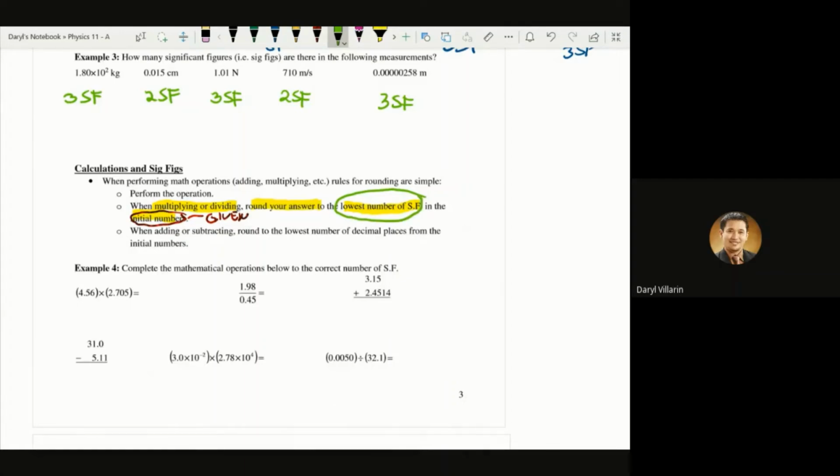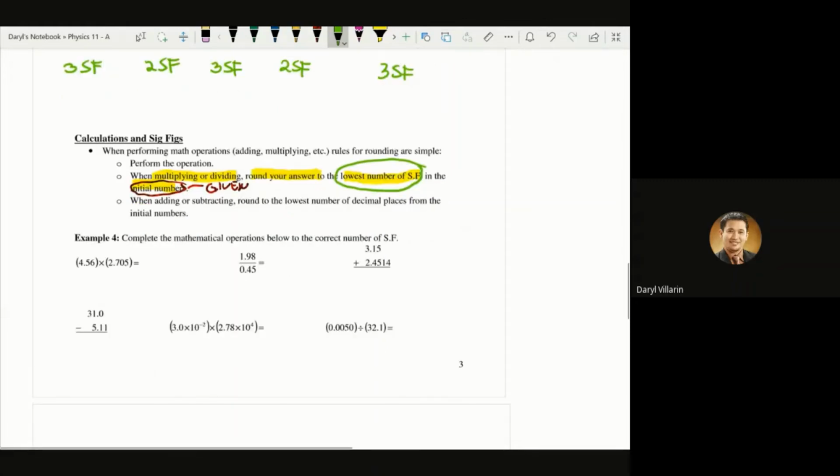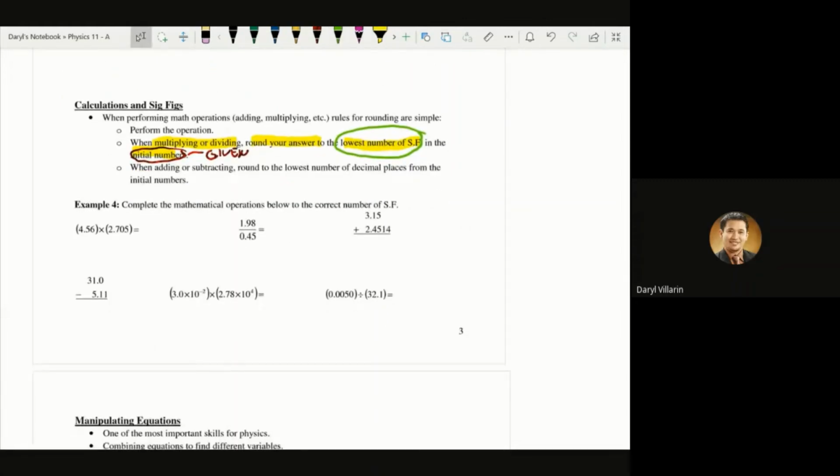But if you're adding or subtracting, well, in most cases, especially for formulas in physics, if you observe, most formulas are in multiplication or division operation. I think you can rarely find addition or subtraction. But anyway, if you're adding and subtracting, you will follow this rule here.